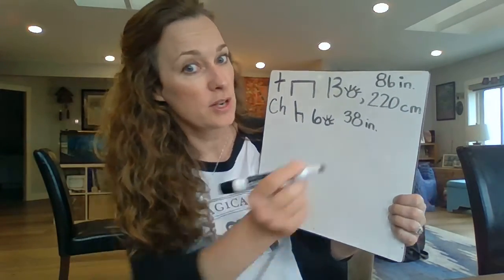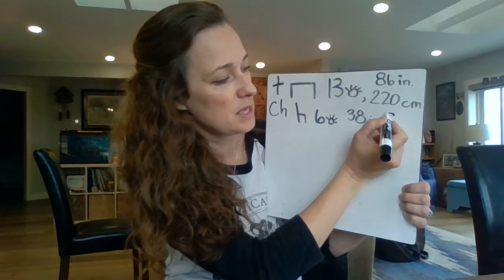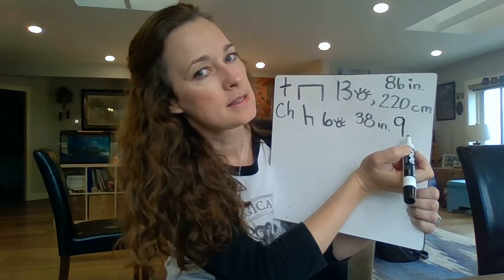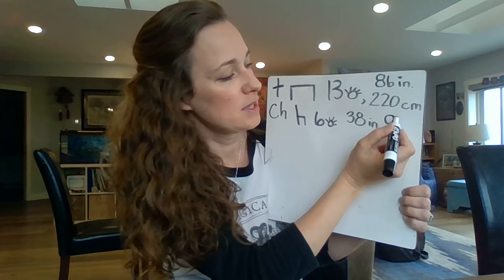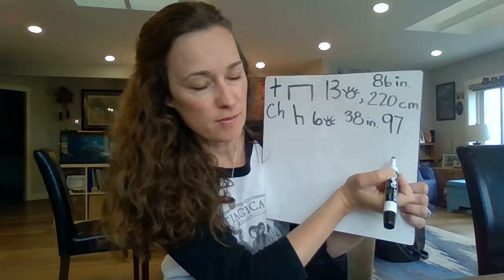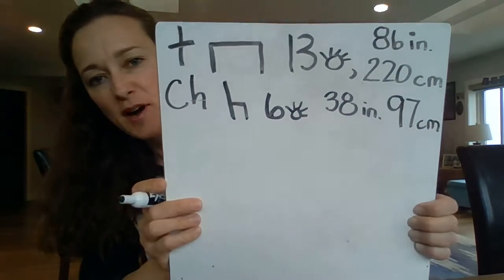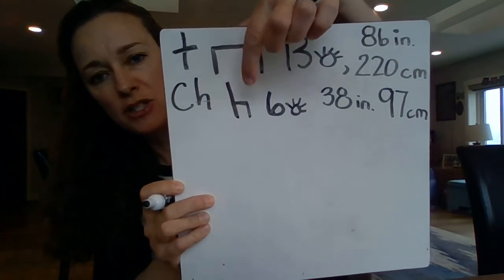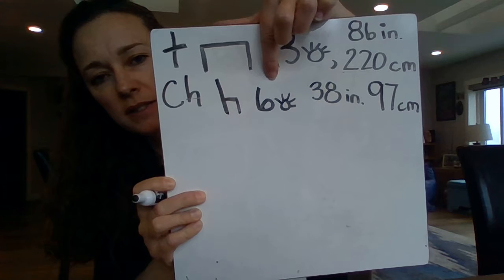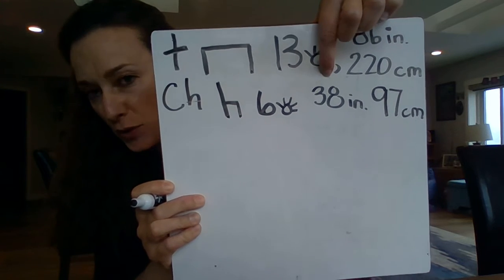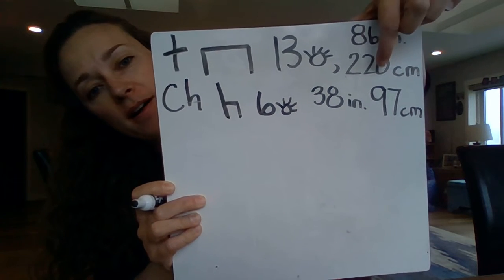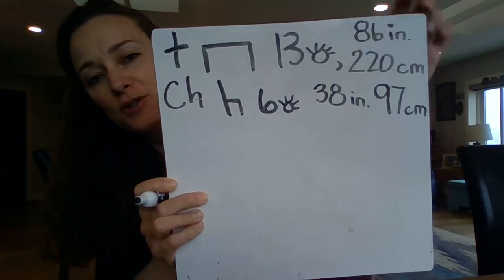I hear a 9. Let's write it down. 97. Okay, 7. 97 cm, centimeters. Wow. So my chair was 6 handprints, or 38 inches, or 97 centimeters.